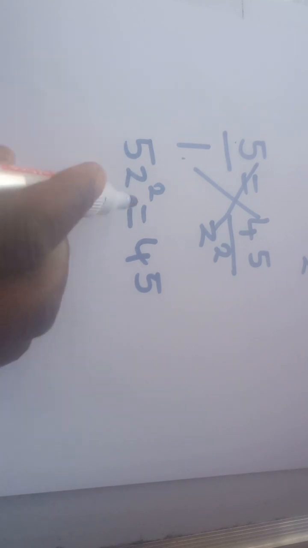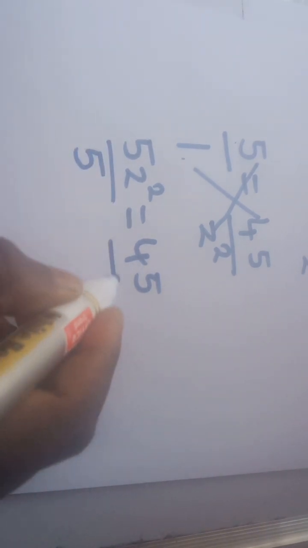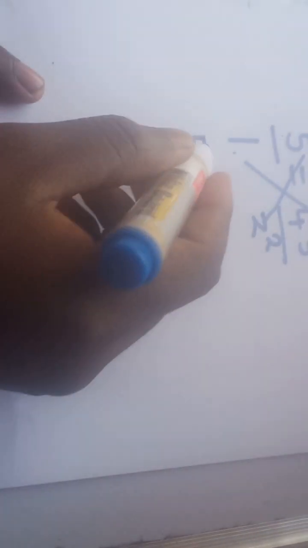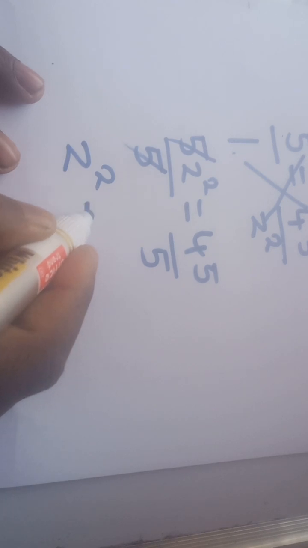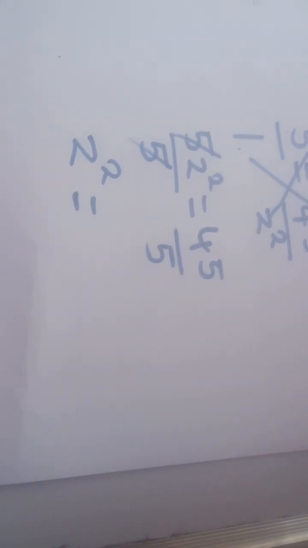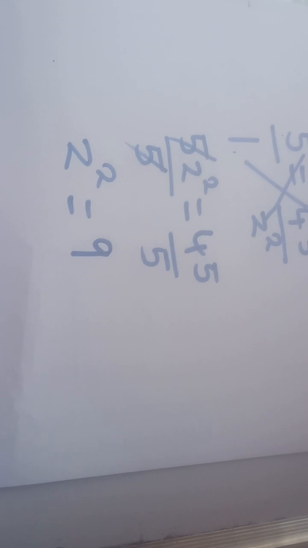What do you do when you have reached here? You divide both sides by 5. You cancel, and you remain with z squared. How many times can 5 go into 45? It goes 9 times.